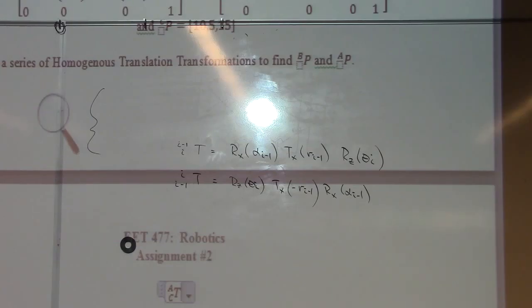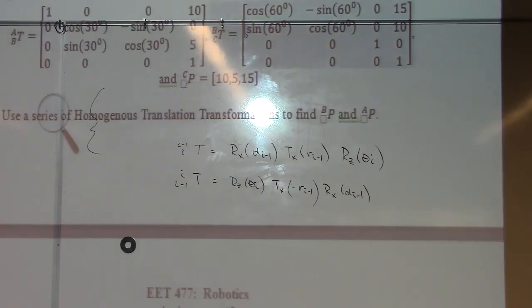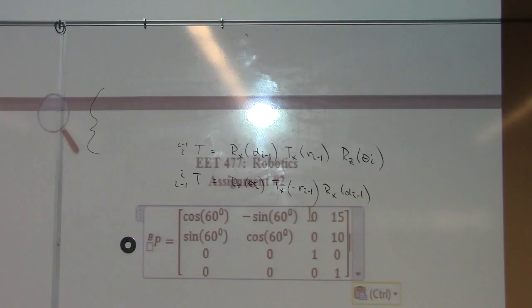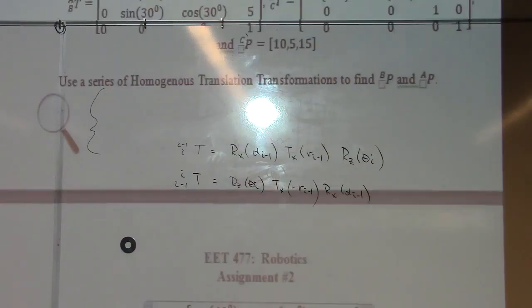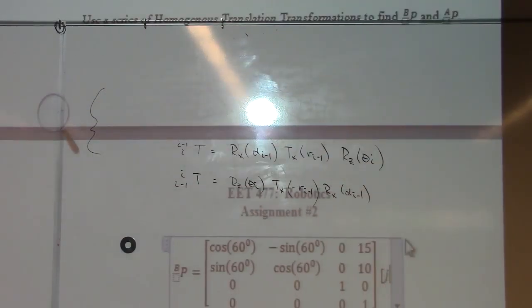If we go through and find the position of the vector in frame B, we can just take the transformation from B to C multiplied by the vector.